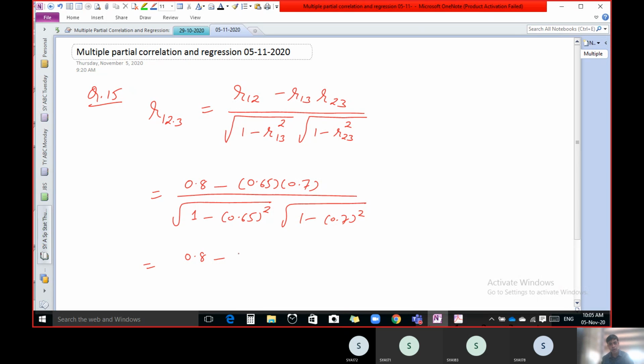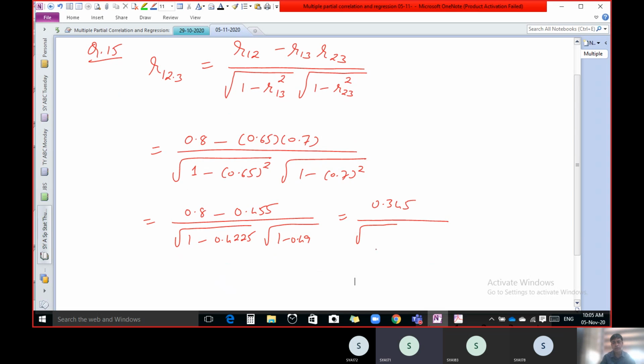So it is 0.455 upon root of 1 minus 0.4225, into 1 minus 0.49. So what is the value of this? 0.345. And here the root value is 0.5775, and here 0.51.